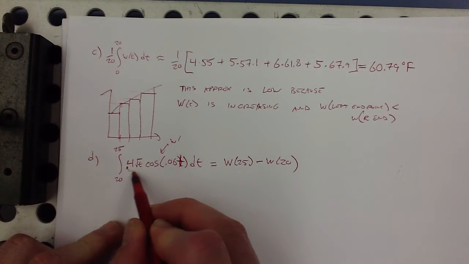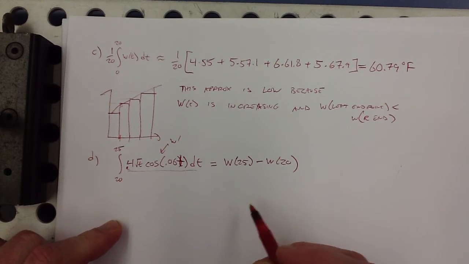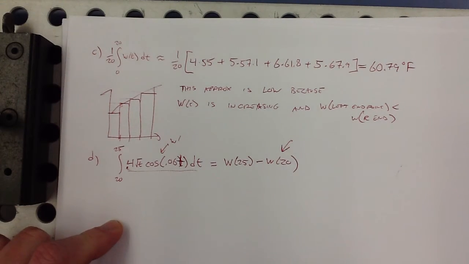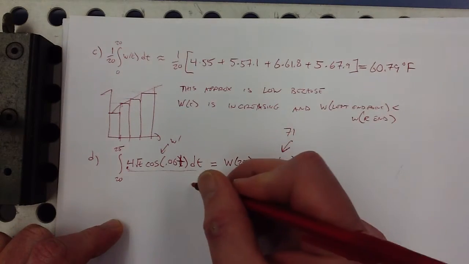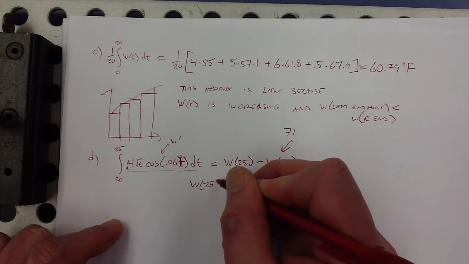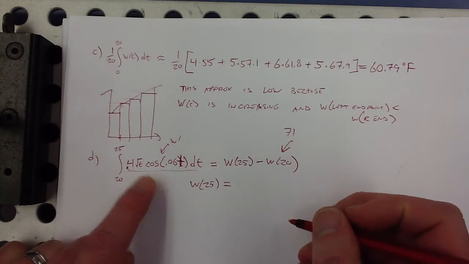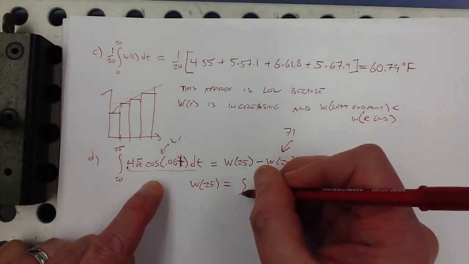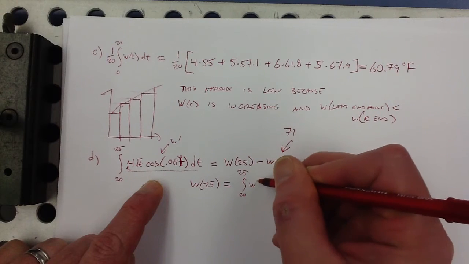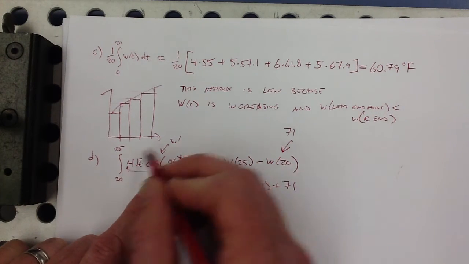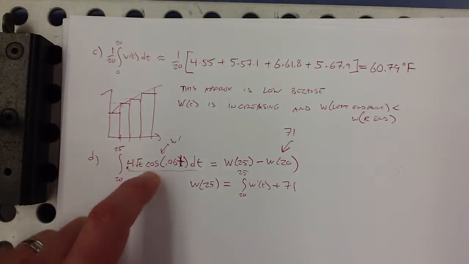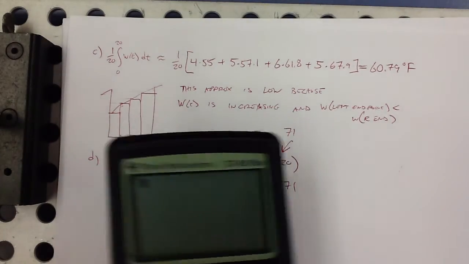It's just that they're giving us the rate in a context here, so we need to think about that. And I know what the temperature is at 20, right? It's 71 degrees, right? So that means the water temperature at 25 is equal to this integral plus 71. Right? Add that to the other side. So I just need to find that and add 71 to it.